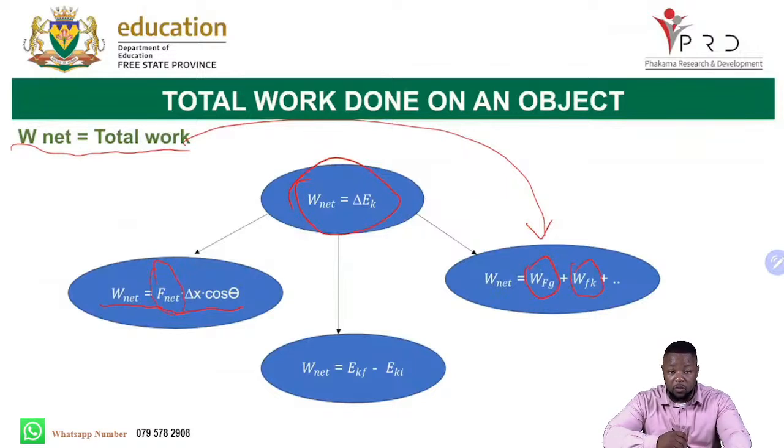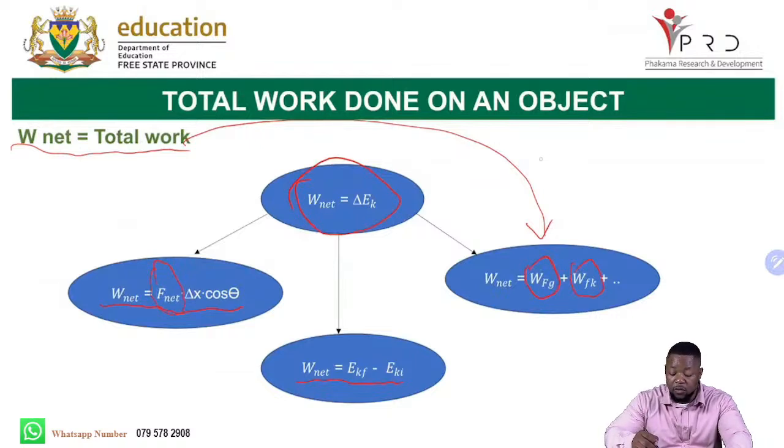It is also very important to know that when dealing with this topic, the free body diagram is very, very important. No calculation can be done without the free body diagram, as we did in Newton's laws of motion. So the W net here is equal to the change in kinetic energy, the final kinetic energy minus the initial kinetic energy.